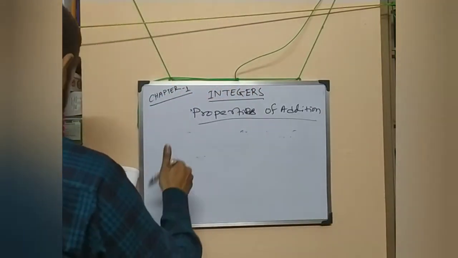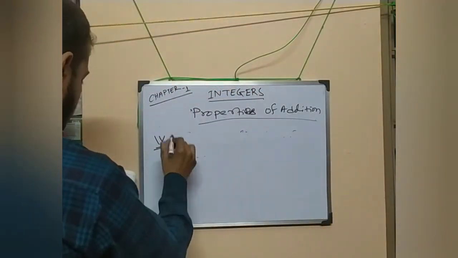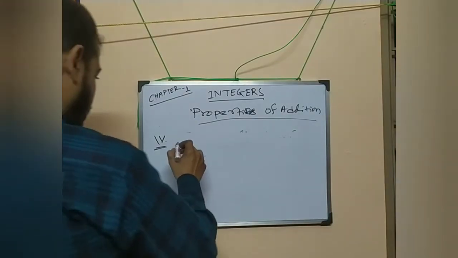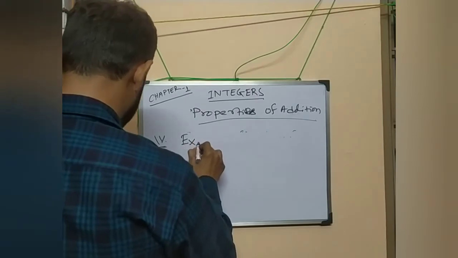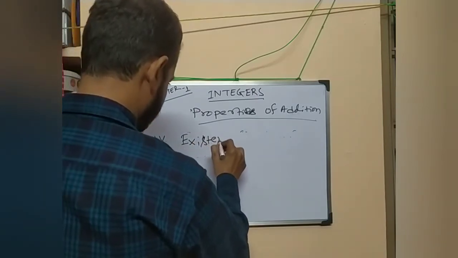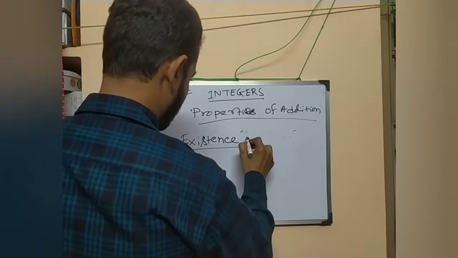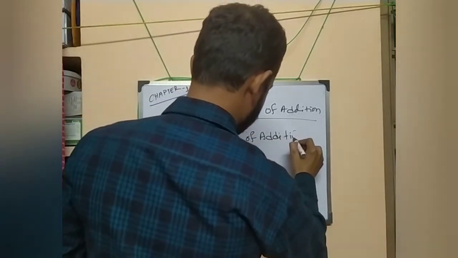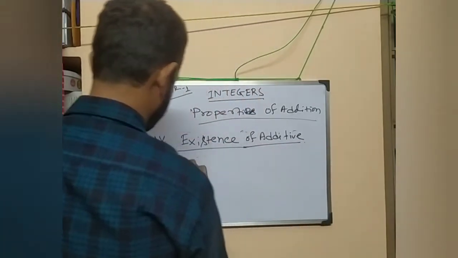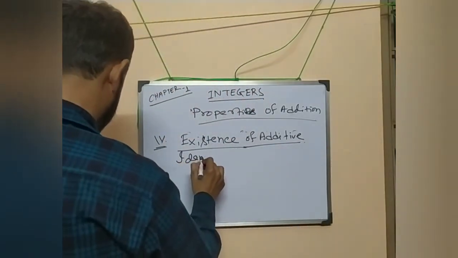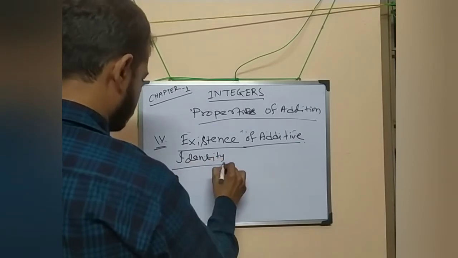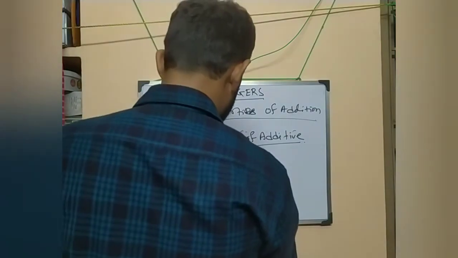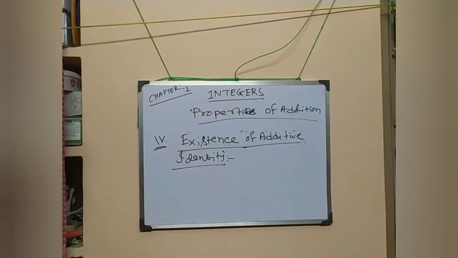Law number 4, existence of additive identity. First we know what is called identity number.